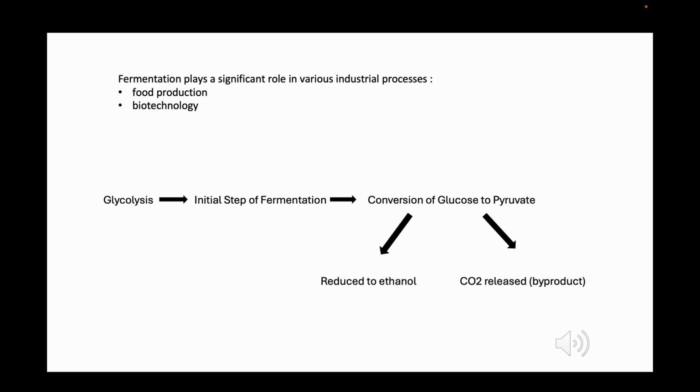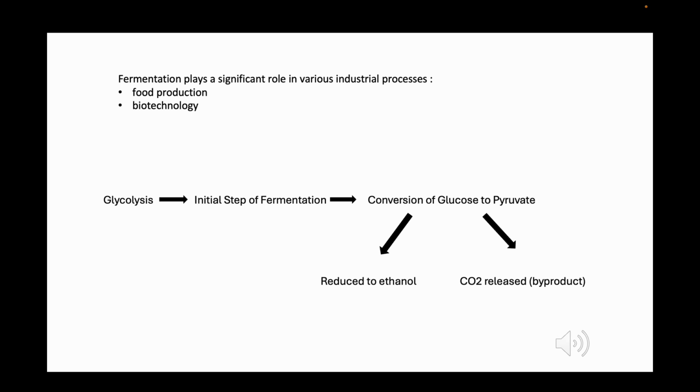Here, NADH plays an integral role as a reducing agent, and carbon dioxide gas is released as a byproduct. Now, fermentation plays a significant role in various industrial processes such as food production and biotechnology. It's also used in food and beverage production, in biofuel production, and also in the biochemical industry.